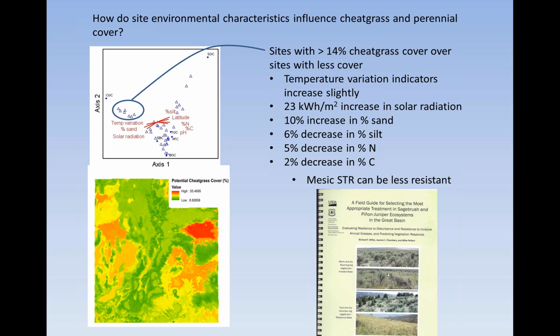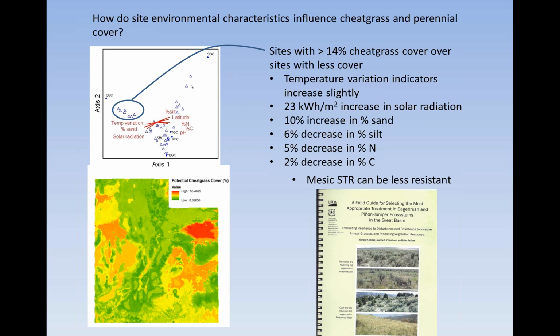In between, it's a little less clear how that works. We're doing some work separating this out on our shred study, and Nathan Klein has found that you can actually use random forest to plot areas that are going to be more highly susceptible to cheatgrass based on these geospatially derived variables that we have. And so he'll be publishing some of that. We hope to come up with better guides.